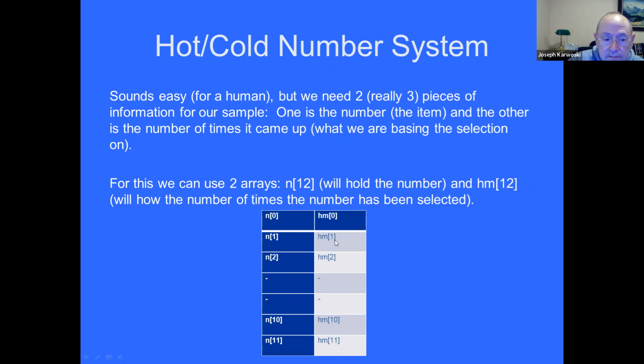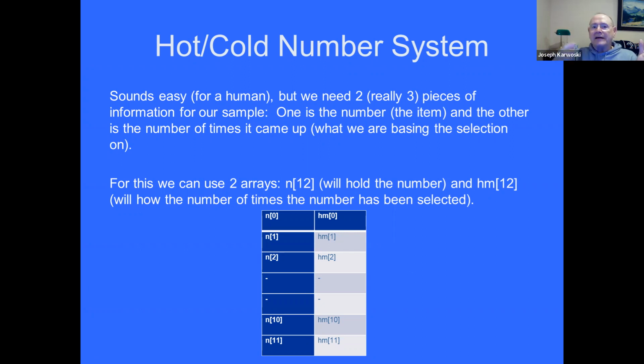Corresponding to that is the HM array. Now, you could use a double subscripted array. That would be easy. I did not, and in the example that I'm going to give you, I haven't. And the reason is I started with the N array.